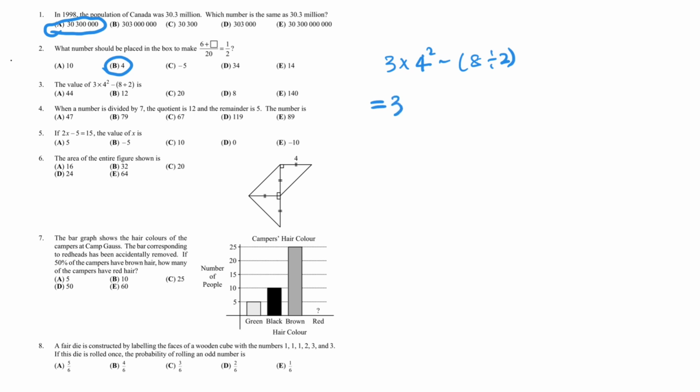Because there is a minus, at the same time we can do the 4 squared. That's 16. Minus 8 divided by 2, that's 4. 3 times 16 is 48. Minus 4, that's 44. Therefore, the answer is A.